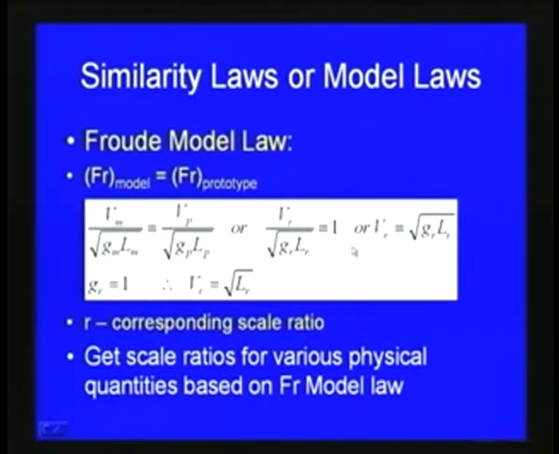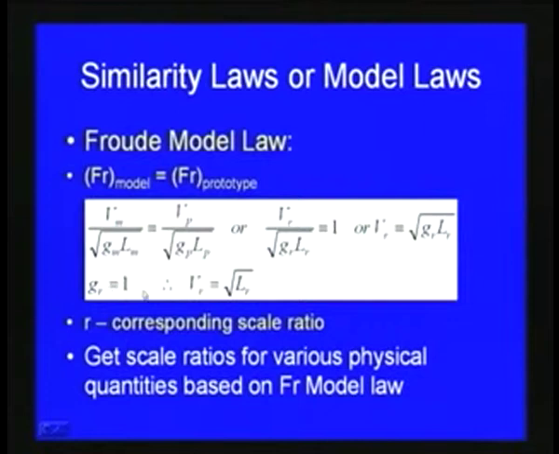In most cases, the prototype as well as the model, we generally do in the laboratory with the gravitational scale always 1. If we are not going for centrifuge modeling with high gravity like 10 g or 50 g, then the case is different.